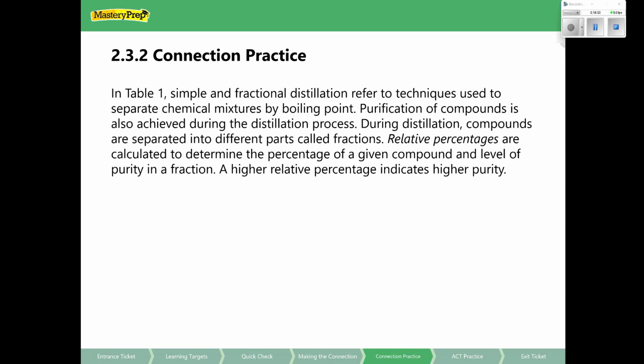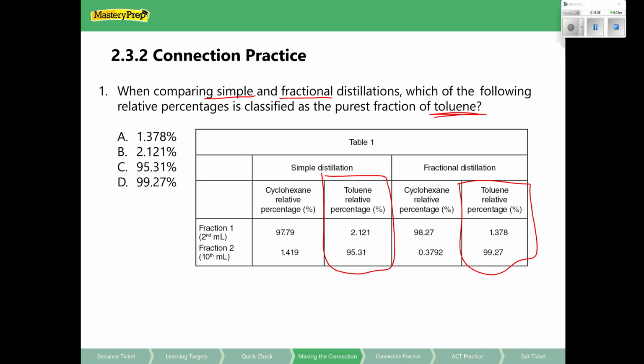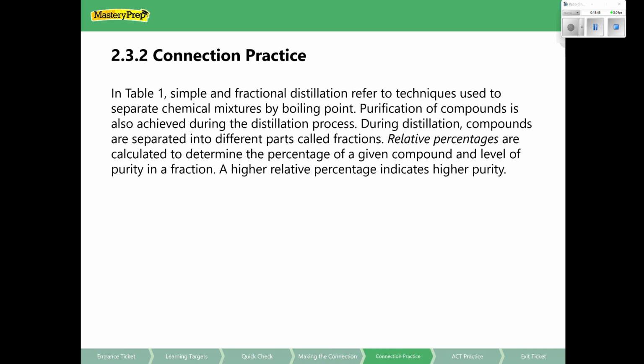Now, do we know what purest means? Did the table tell us what is classified as pure? No, but the paragraph. There is a paragraph right below it. In Table 1, simple and fractional distillation are referred to as techniques used to separate chemical mixtures by boiling point. Purification of a compound is also achieved during the distillation process.